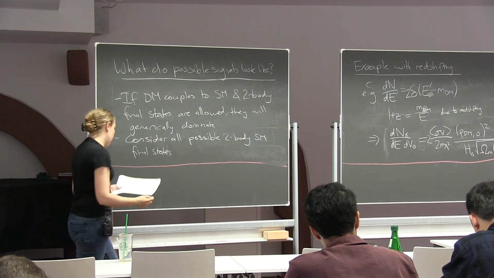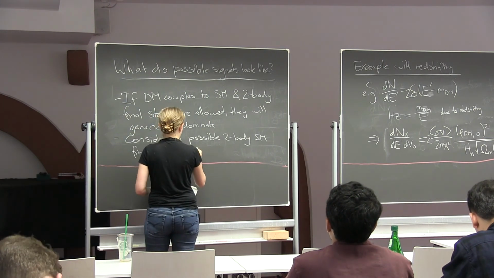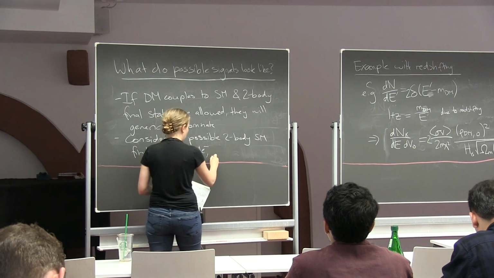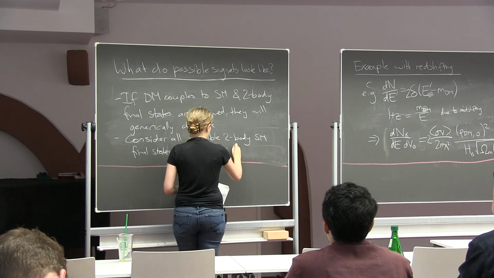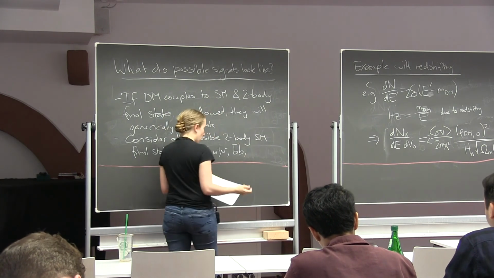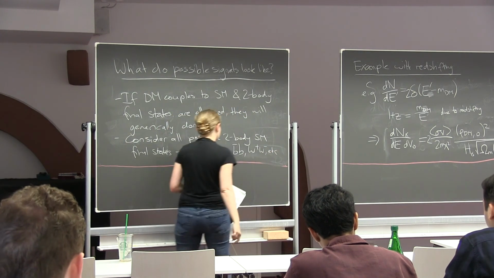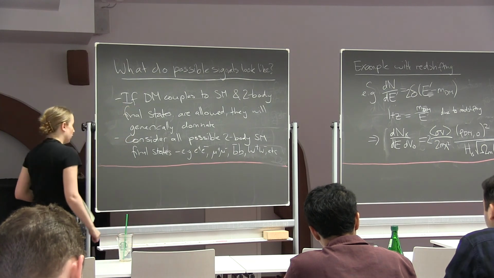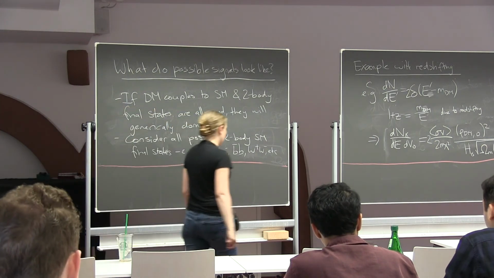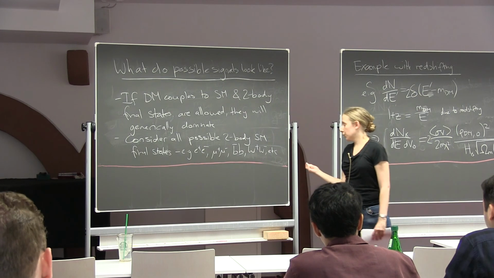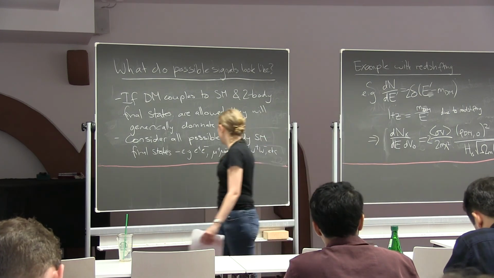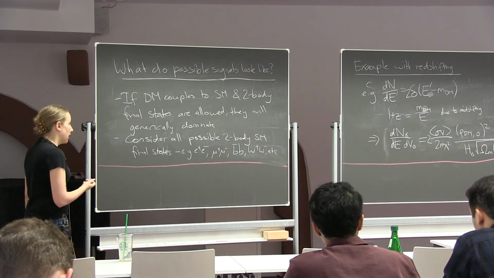So this could be direct annihilation to leptons. It could be production of quarks. It could be gauge bosons. And you can ask, if this was the signal, in general you're going to have a linear combination of these different signal channels.